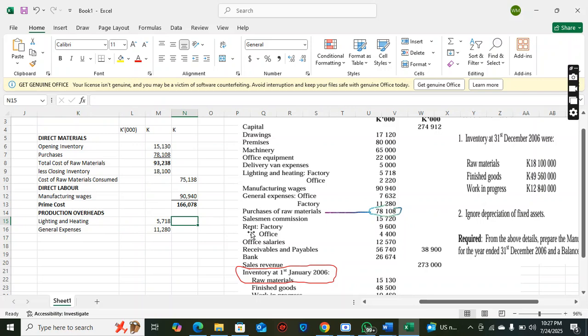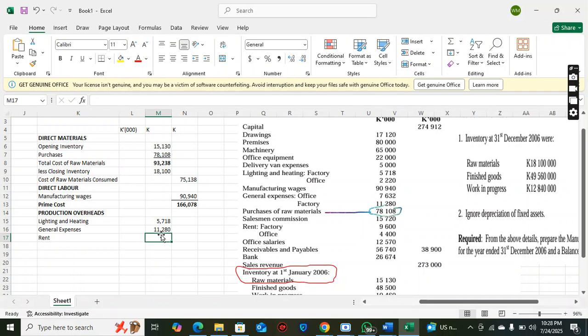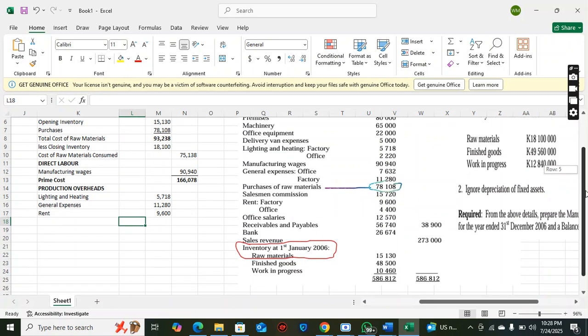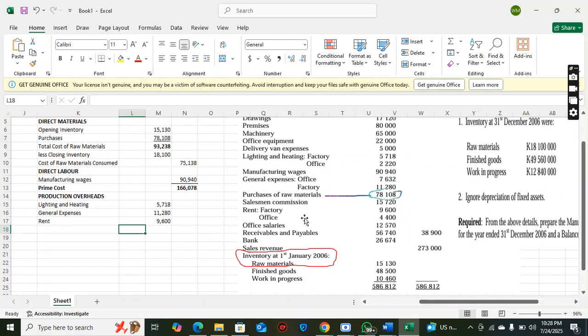Oh, we have rent. Factory here, 9,600. Yes. So for production, are there any others? General expenses are put for the factory there.